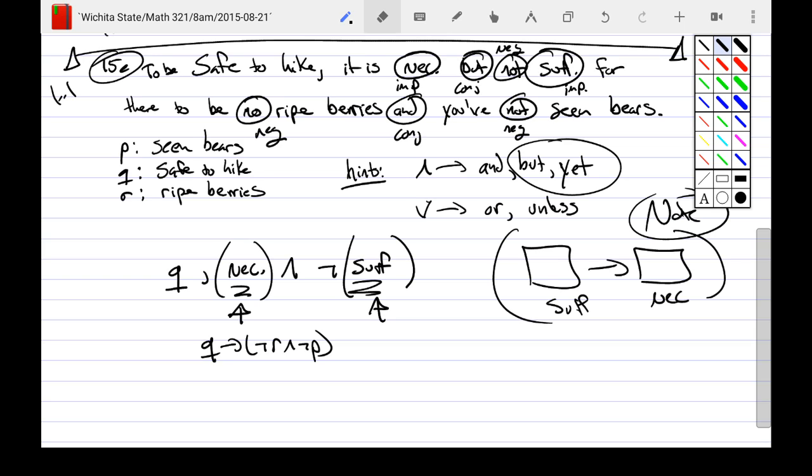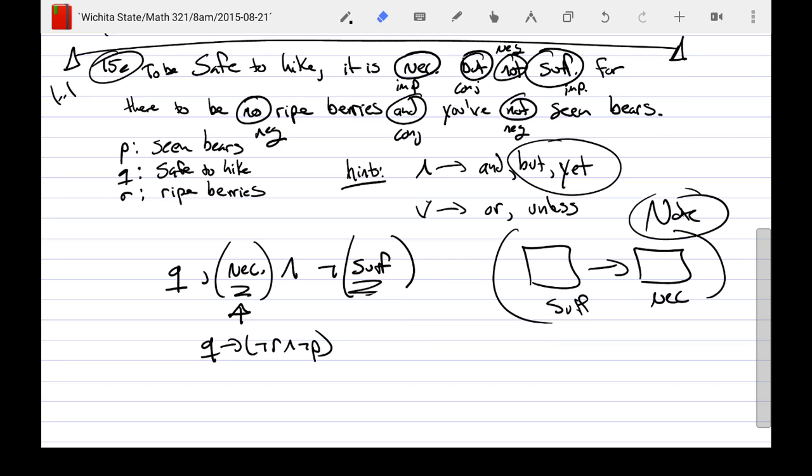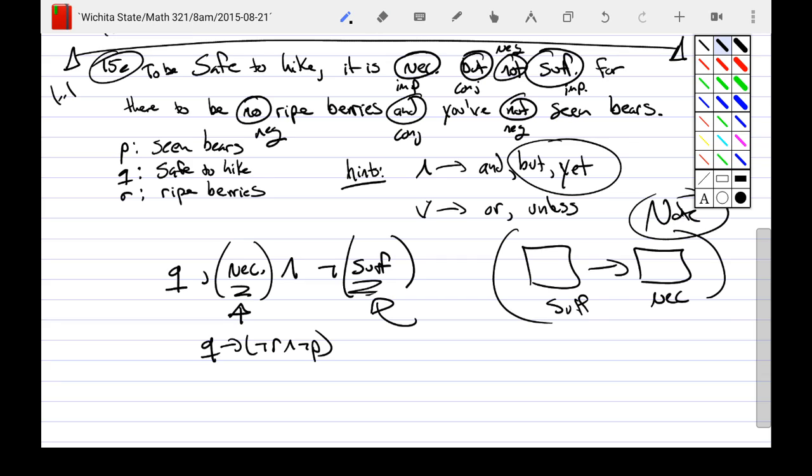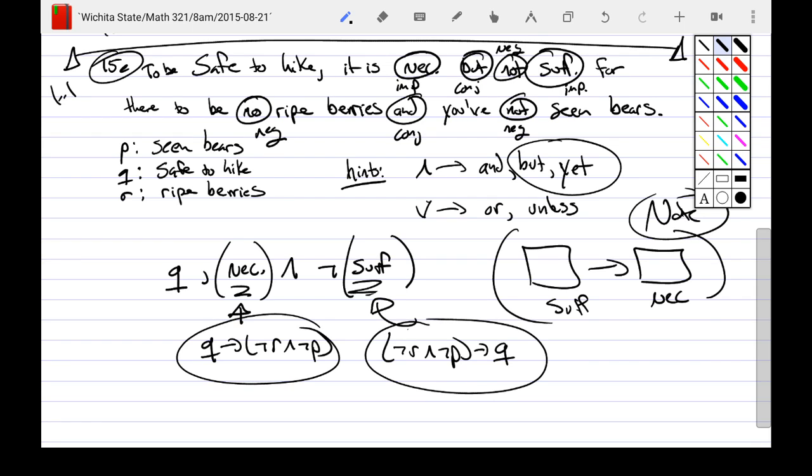What does the sufficiency thing become? Well, sufficiency talks about the left, so that says that no ripe and no bears is sufficient for safe. Don't need that last parenthesis. Is everybody okay that the first one says that the no ripe and no bears is necessary for safety? The other one says that no ripe and no bears is sufficient for safety.